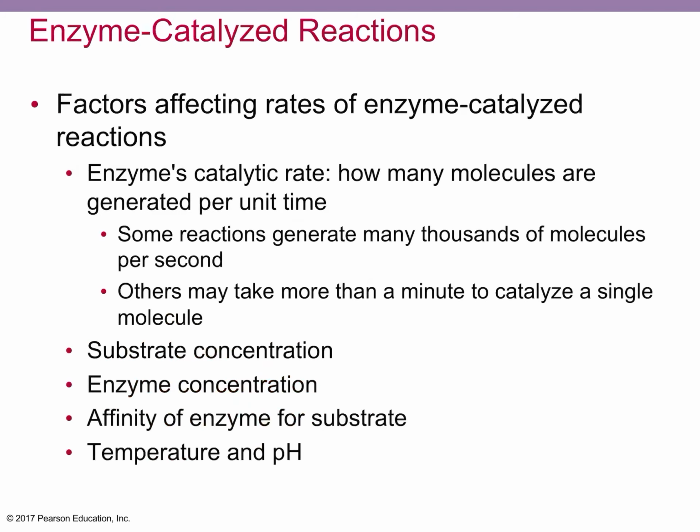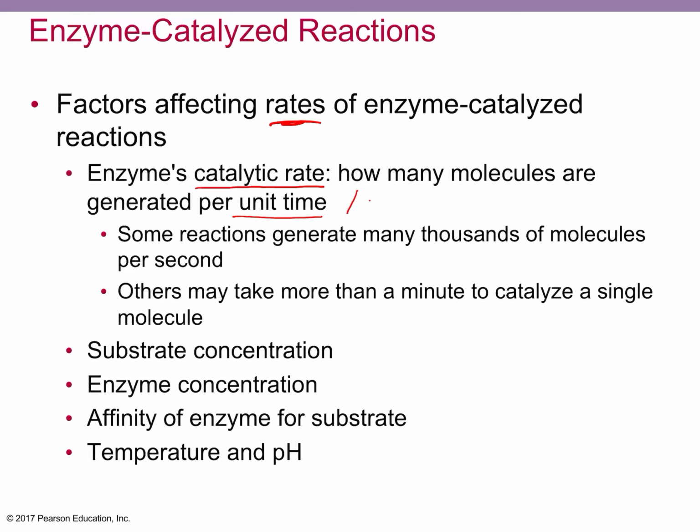All right, so enzyme catalyzed reactions. Factors that affect the rates, or how fast enzymes can catalyze reactions. When you look at the catalytic rate, how fast an enzyme works, you're basically looking at how many molecules are generated per minute or per unit time.